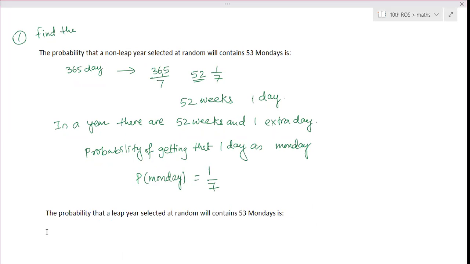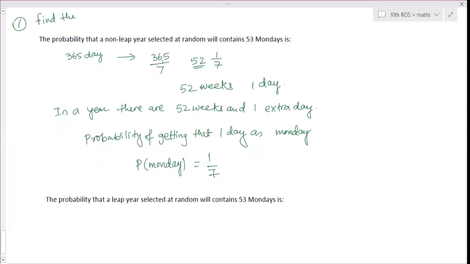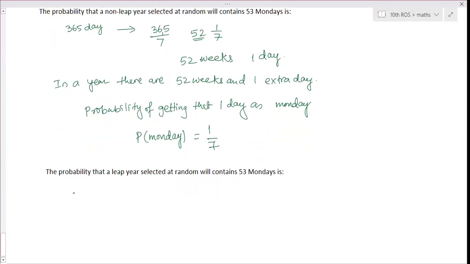If it is a leap year, then what is the probability that it will have 53 Mondays? A leap year has 52 weeks and 2 extra days. So out of these 2 days, what is the probability that any one of the days is Monday?